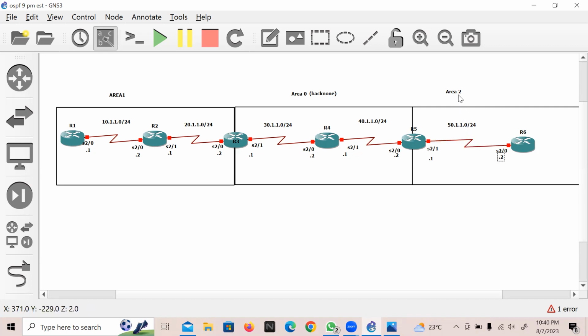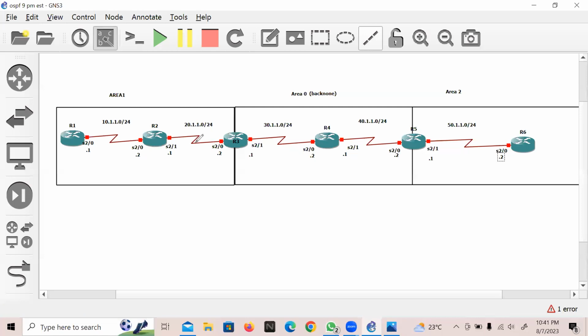From area 2? In which area? They are from area 1, area 0, area 2. S2/0, what I'm taking is 10.1.1.2. In S2/1, according to the IP address, just see there. S2/1, I'm taking 20.1.1.1.